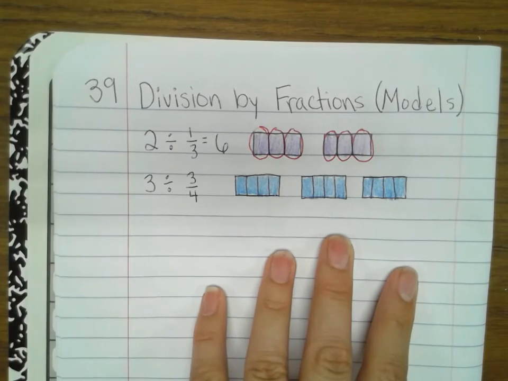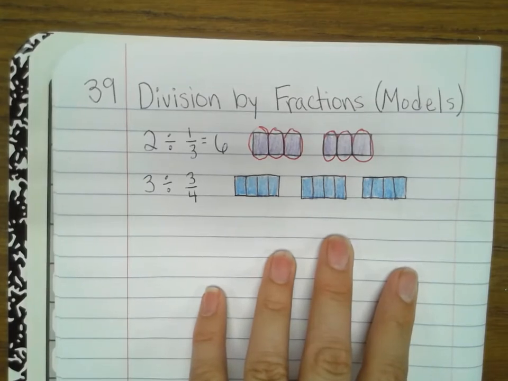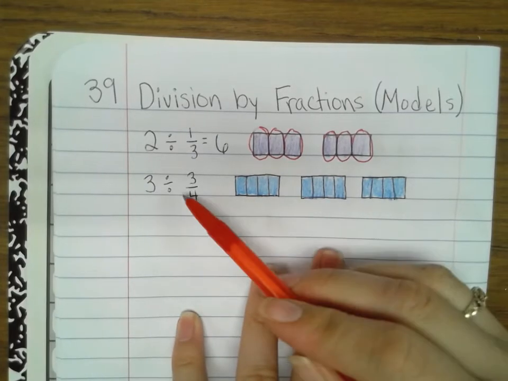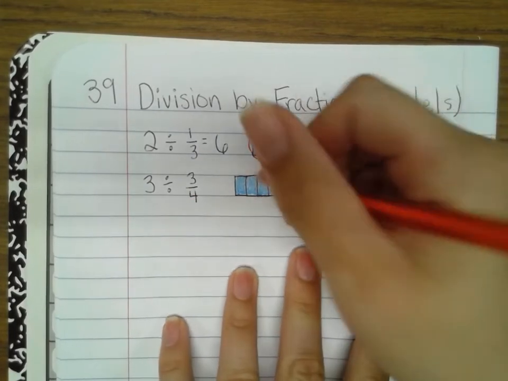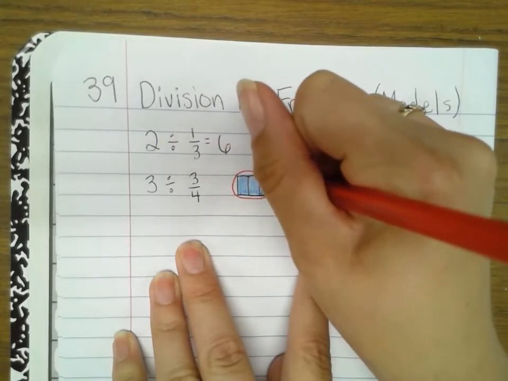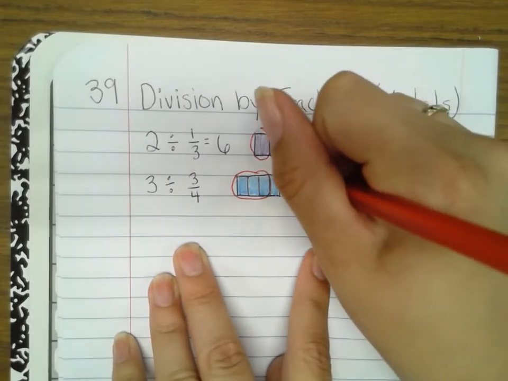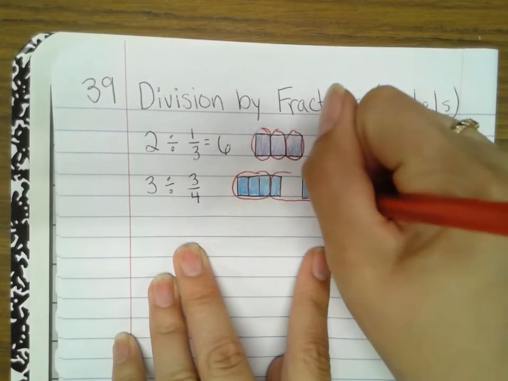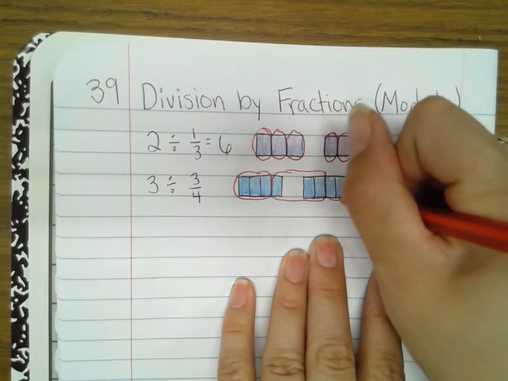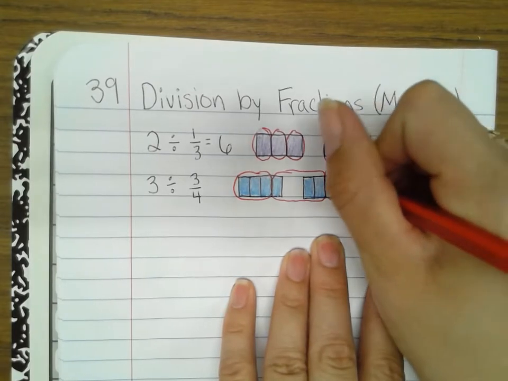Okay, all I've done is split my whole units into 4 equal pieces, but now how many do I need in each group? I need 3. So I'm going to take a group of 3/4 right here. Here's another group of 3/4. Another group of 3/4.